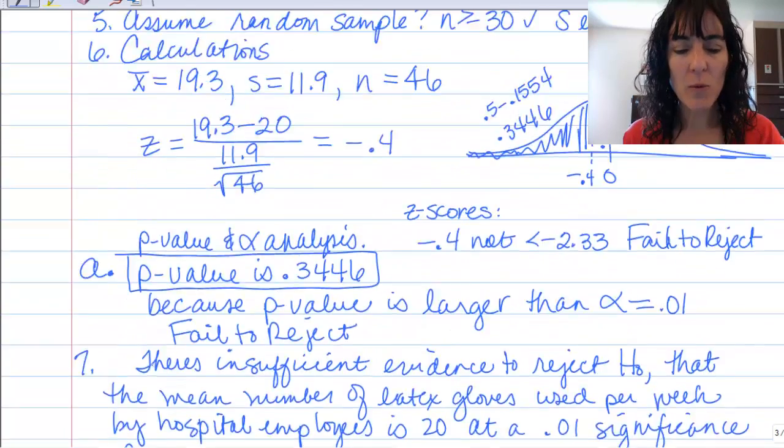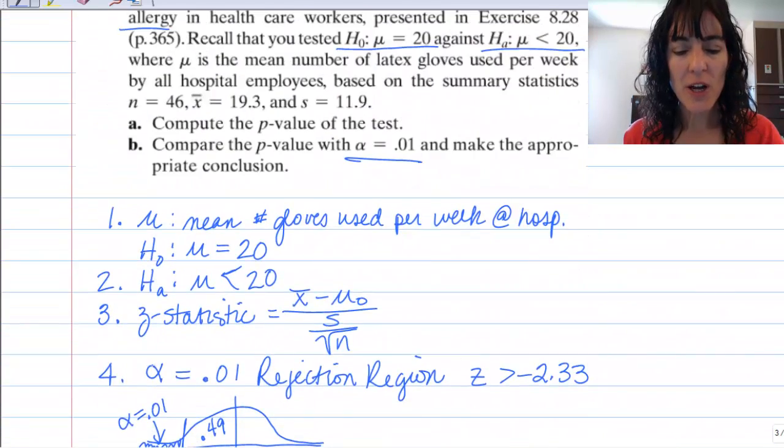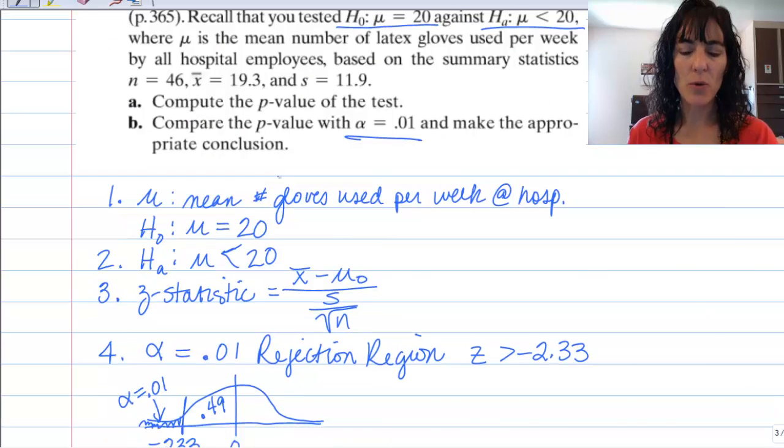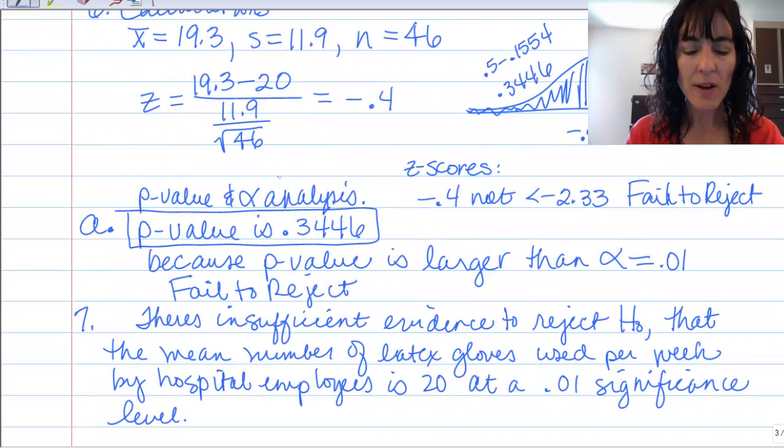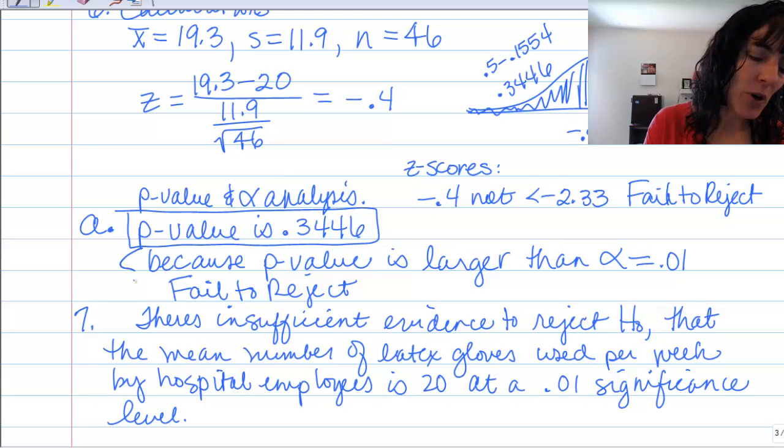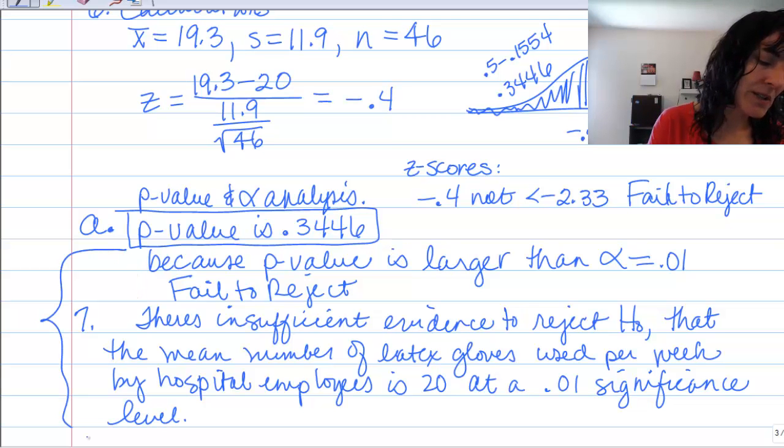And then one more question, we might need the other page. Compare the p-value with 0.01 and make the appropriate conclusion. And so for that part, I just want to point out to you that part B is looking for two things. It's looking for this whole piece here.